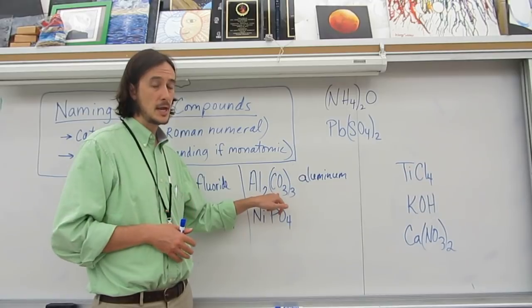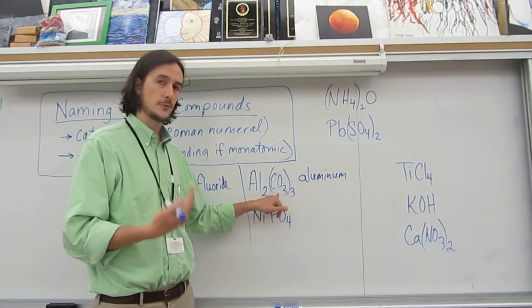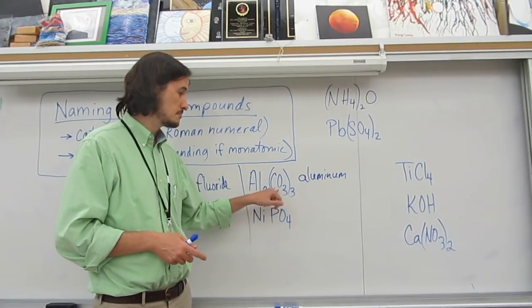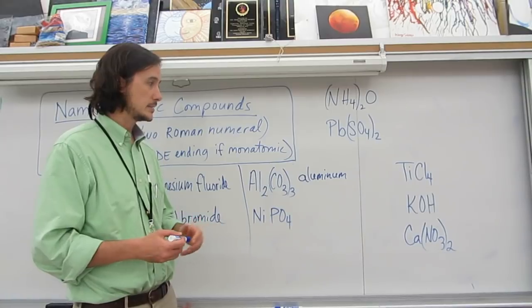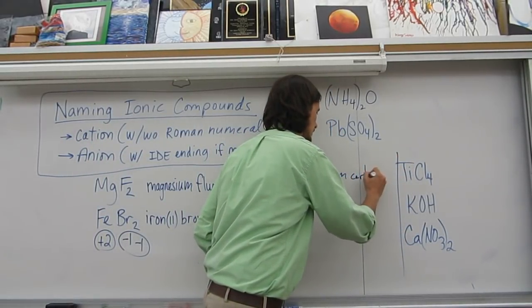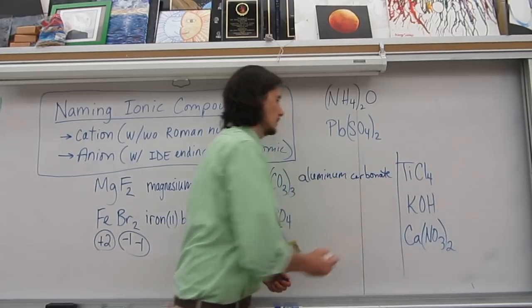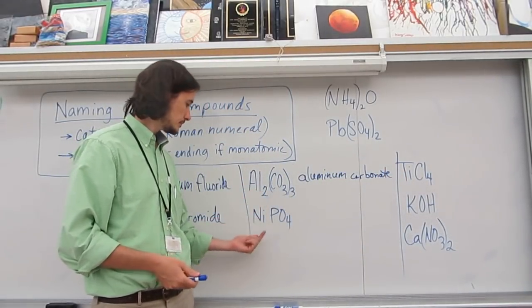CO3, this is a very common anion, and you should just know the name. If you're looking it up at first, that's not so bad, but memorize them as soon as possible. And that is, CO3 is carbonate. Right, so this compound is now called aluminum carbonate.